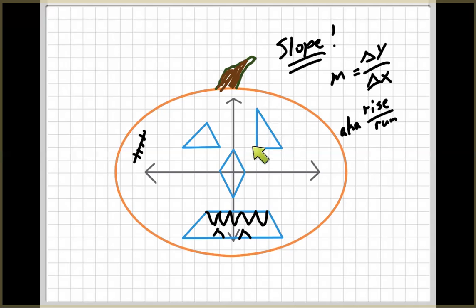So for that given change in x, that given 2, I'm going down 3. Some of you might have learned rise over run, or y2 minus y1 over x2 minus x1. I use this other technique where you can just go ahead and count the boxes, that's fine.